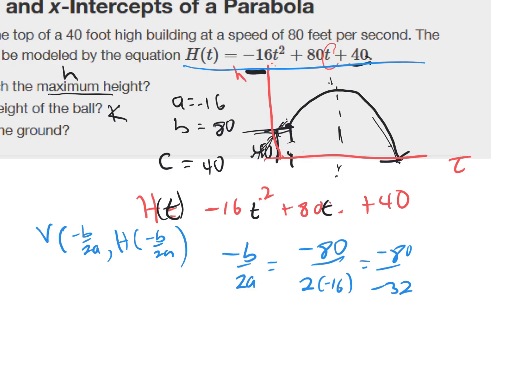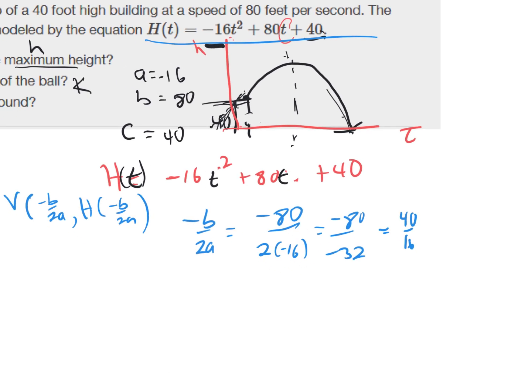The good news is that the two negatives cancel, and I'm left with 80 over 32. I can reduce that to 40 over 16 because I don't want to pick up a calculator. I like to just cut in half: 20 over 8, 10 over 4, 5 over 2. I'm done. That's 2.5.